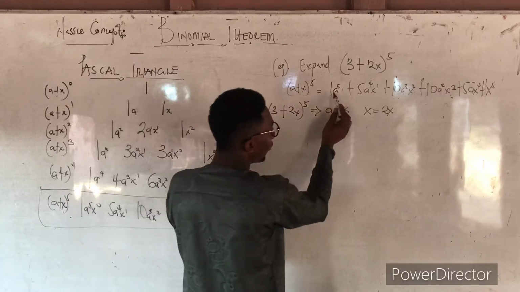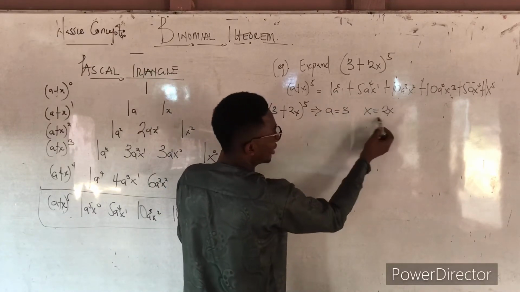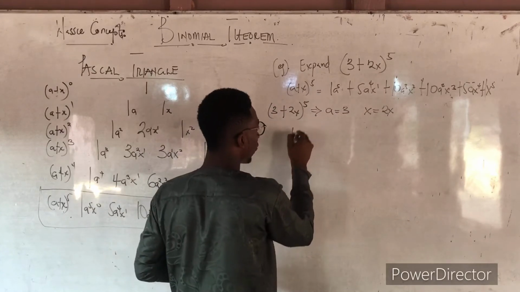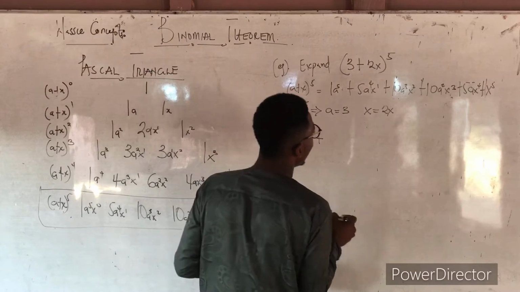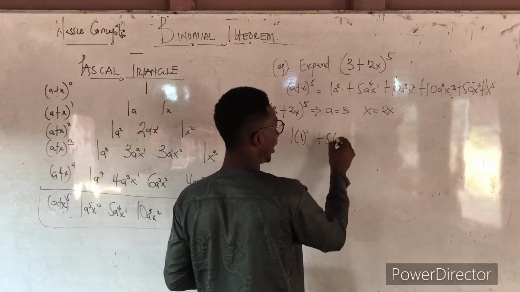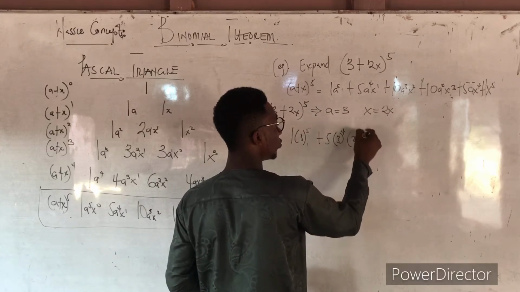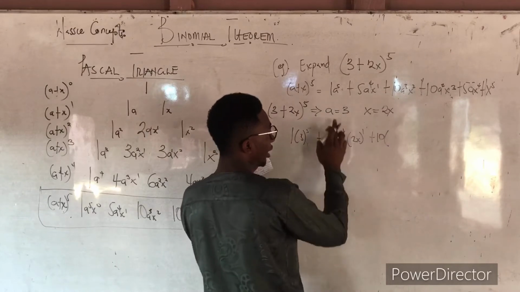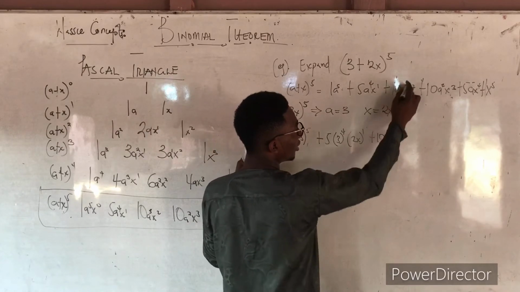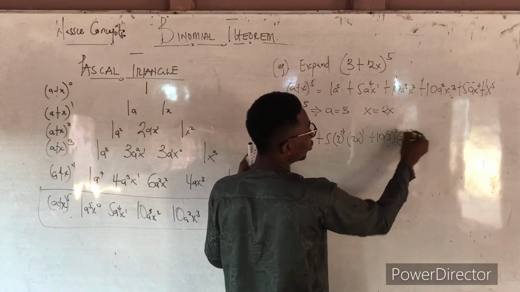So now, wherever you see a here, we put 3 there. Wherever you see x over there, we put 2x. So now when you do that, you are getting 3 exponent 5 plus 5 into brackets, a which is 3 exponent 4, and x exponent 1, which is (2x) exponent 1, plus 10 into brackets, the a is 3, so 3 exponent 3, and the x, which is (2x) exponent 2.